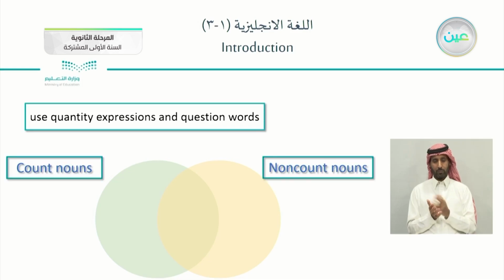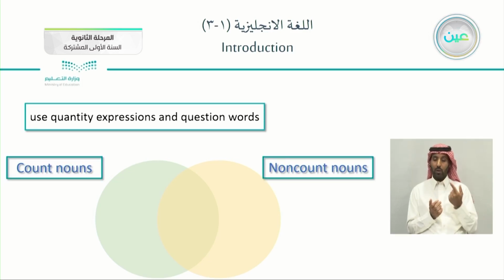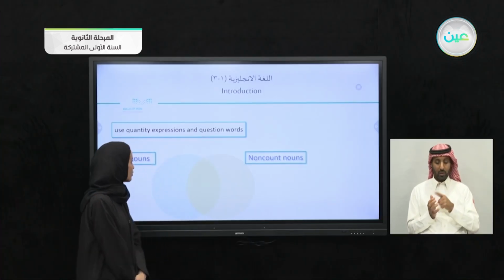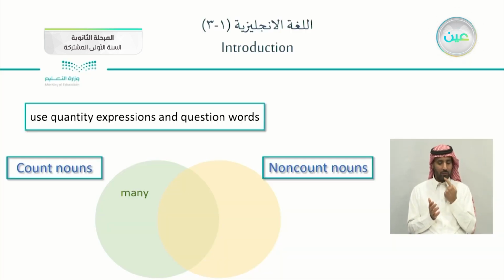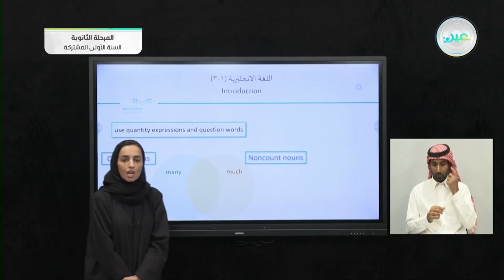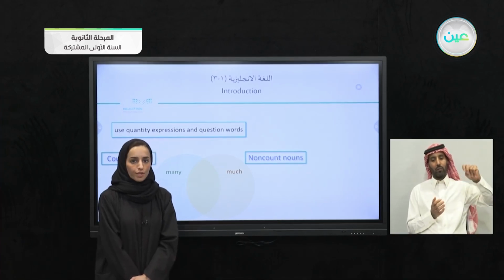So we have count and non-count nouns. Count nouns, I can give a number. Non-count, you can't give a number. For count nouns, we can use many. How many students? How many hours? For non-count nouns, I will use much. How much time? How much water?